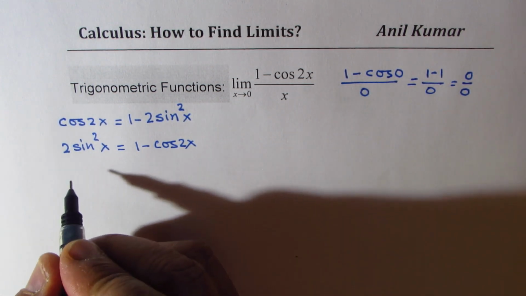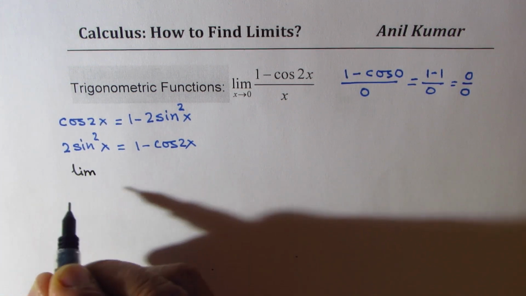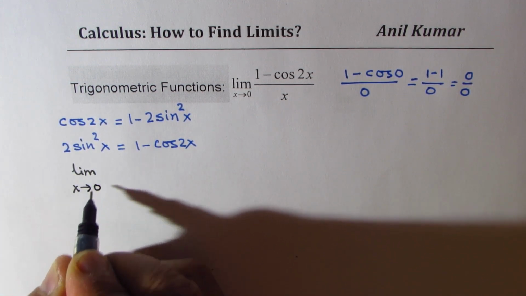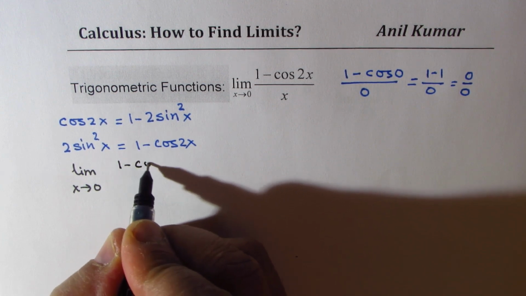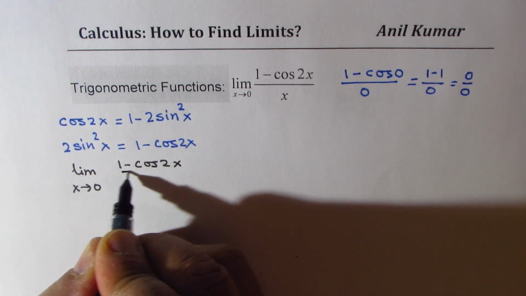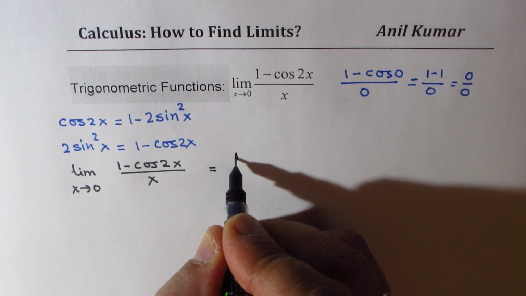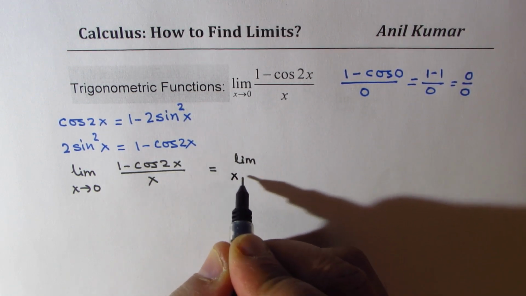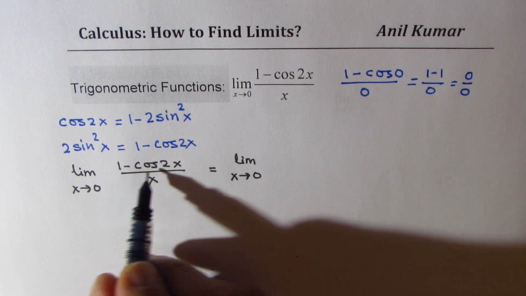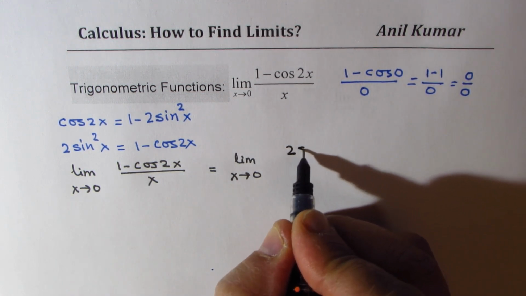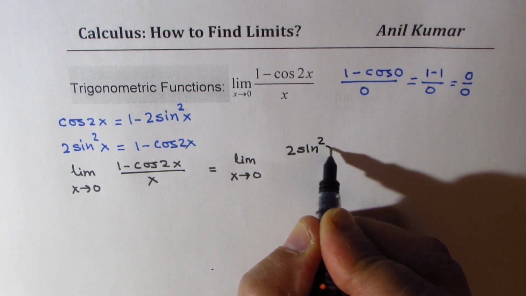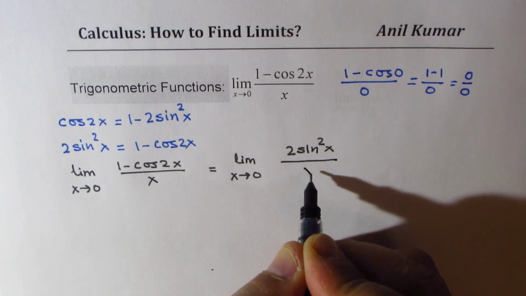So we'll rewrite this question, which is to find limit as x approaches 0 for 1 minus cos 2x over x. We can actually write this as limit x approaches 0, the numerator is 2 sine square x over x.